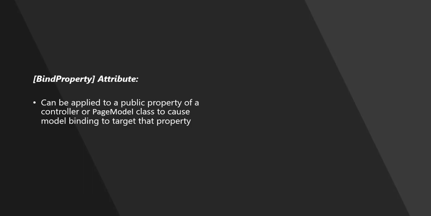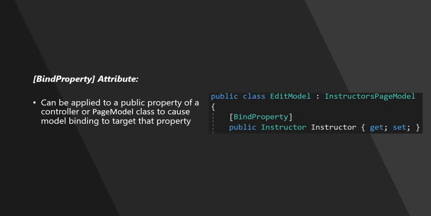The BindProperty attribute can be applied to a public property of a controller or page model class to cause model binding to target that property. Now, this is an edit model class which is derived from the instructor's page model. We have encountered page model classes in Razor Pages.